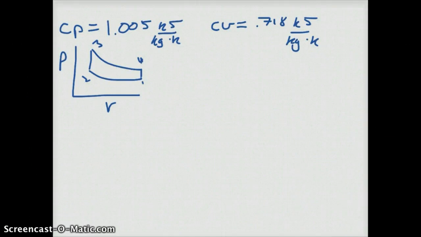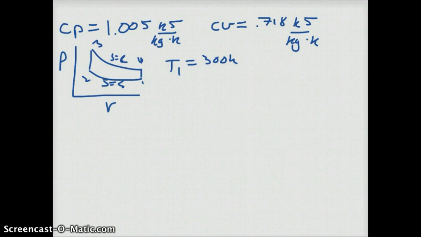So the easiest way to solve this problem is to find the temperature at each state. We already know that T1 is equal to 300 K, and this is isentropic from 1 to 2 and from 3 to 4.